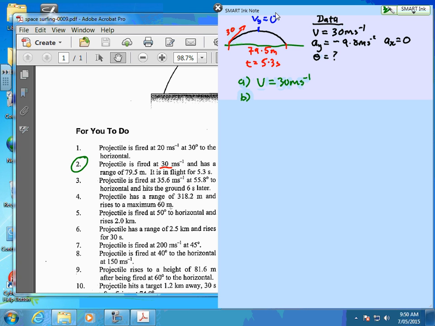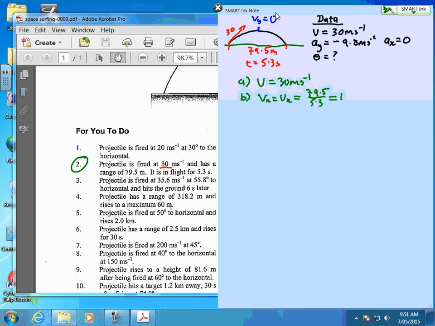Okay, now the thing about that is that's actually pretty easy. I've got some information that helps me do that, because I know that Vx equals Ux, and Riley's just given the hint. Ux is going to be the distance travelled over the time, 5.3 seconds. Well, don't forget, 79.5 over 5.3 equals 15.